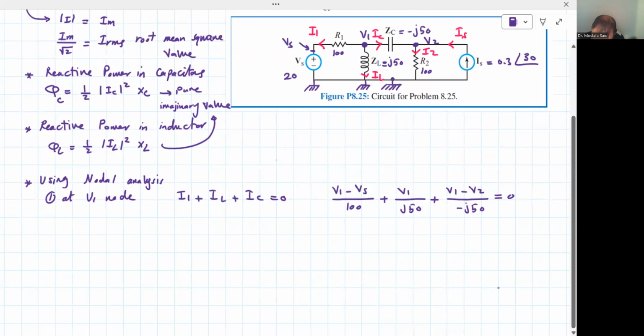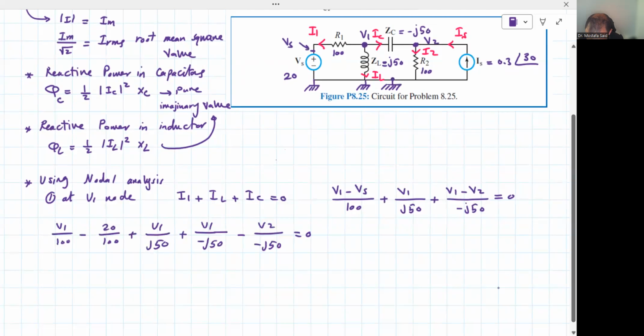Let's simplify: V1 over 100 minus Vs, which is 20, over 100, plus V1 over J50, plus V1 over minus J50, minus V2 over minus J50 equal to 0.